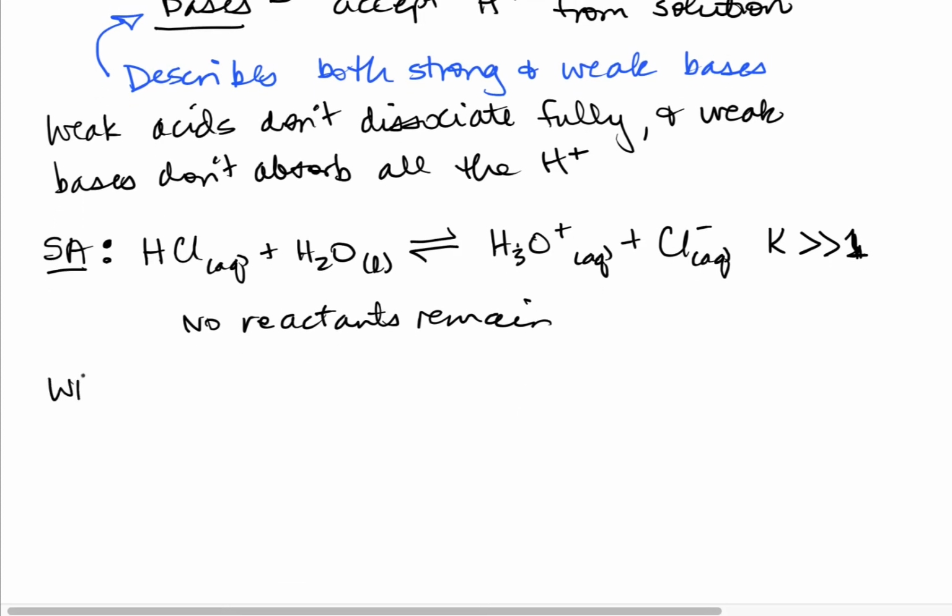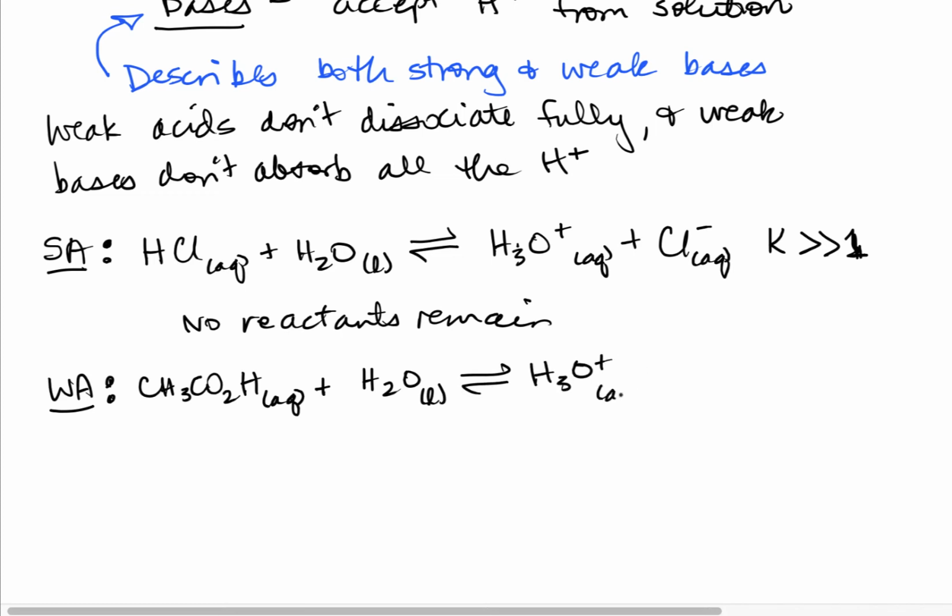And if we think about a weak acid in contrast, then we might choose something like acetic acid, which is in vinegar. So in this case now, we have the same structure of our reaction, that the acetic acid dissociates to make hydronium ion and acetate ion.